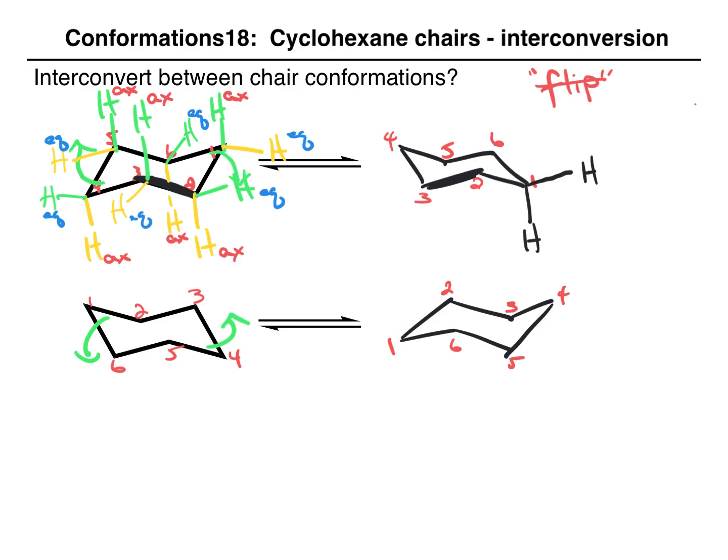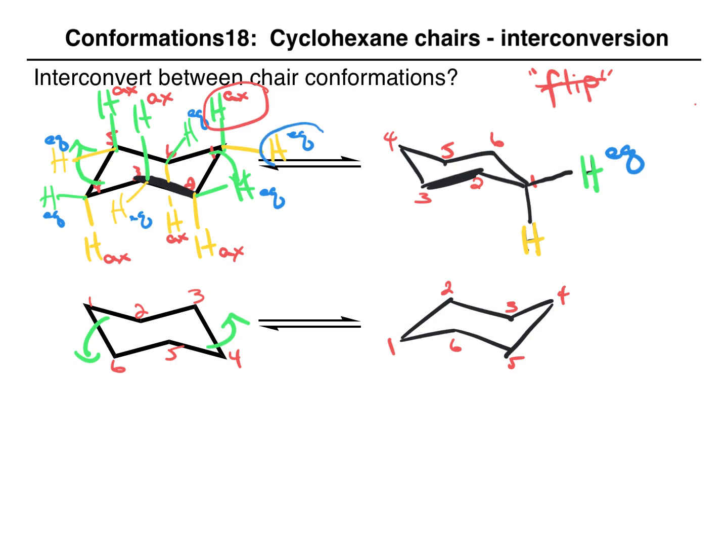So this is still our green hydrogen that was on the top face and it's still on the top face. And then this is our yellow hydrogen that started out on the bottom face and is still on the bottom face. But notice what did change is that here our green hydrogen was axial, but now it is equatorial.